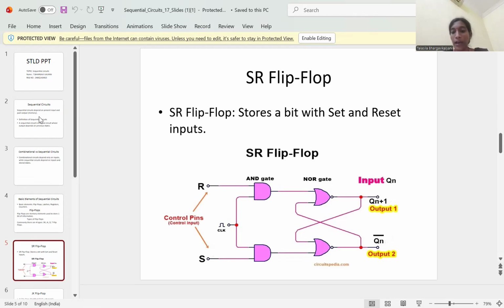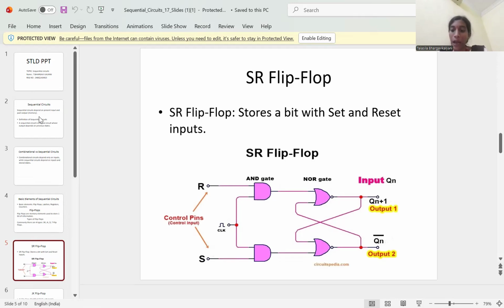Now, let us talk about the excitation table. Excitation table means, given the present state and next state, finding the inputs needed to build the flip-flop. Here we have Qn equals 0 and Qn plus 1 is 0. Then R is don't care and S value is 0.